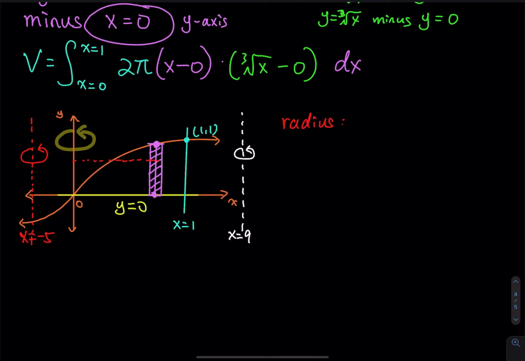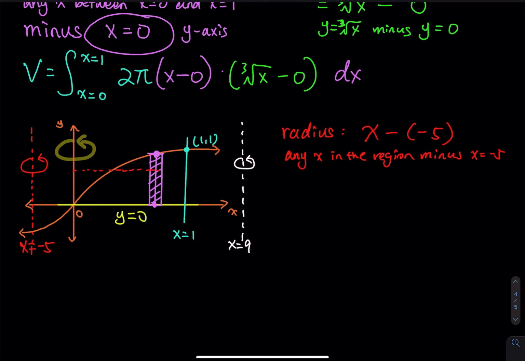So the radius is now any x in the region minus x equals -5, because when we do the right minus left, we measure the distance between the x and the revolution axis. And then what about the height? No change, right?